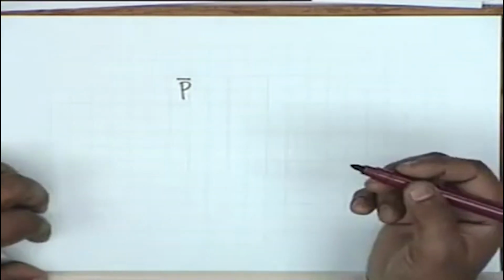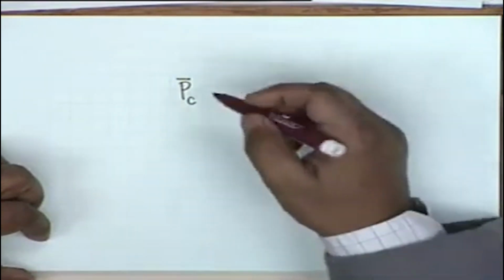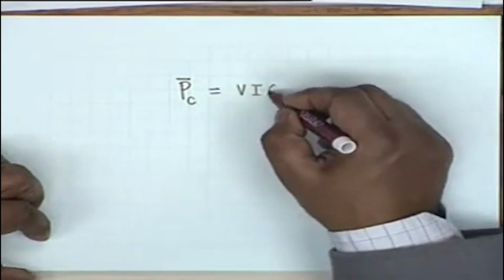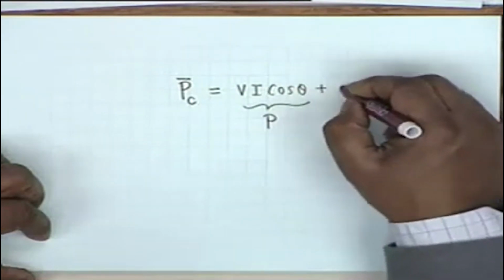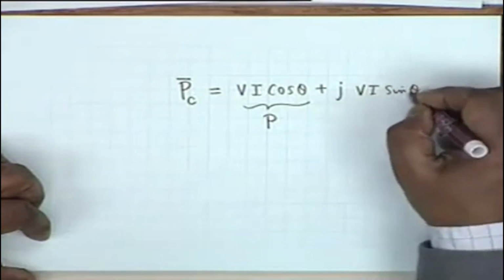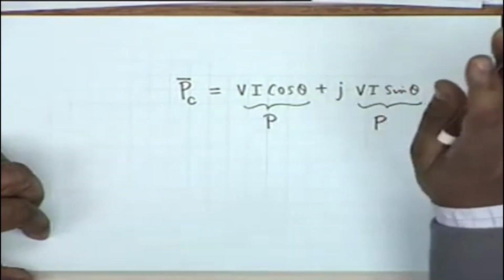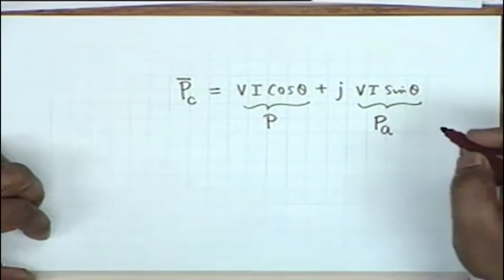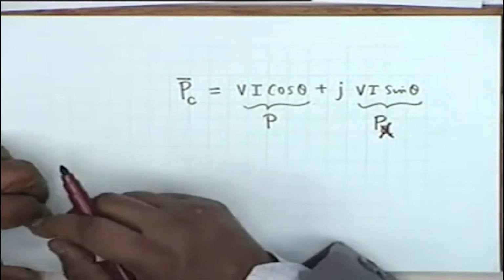Let's call this PC, complex power. It's a phasor, and its real part is, we shall reserve the symbol capital P for this, plus j Vi sine theta, and this power, as you know, is called a VAR, its unit is VAR, but it's also called reactive power. I think that is better. Let's call this the reactive power, Px.